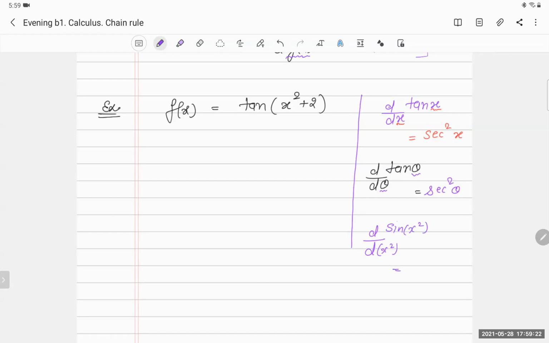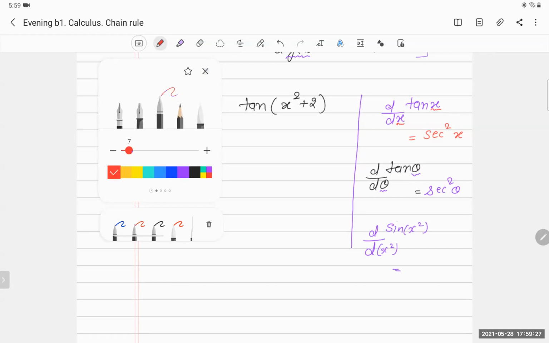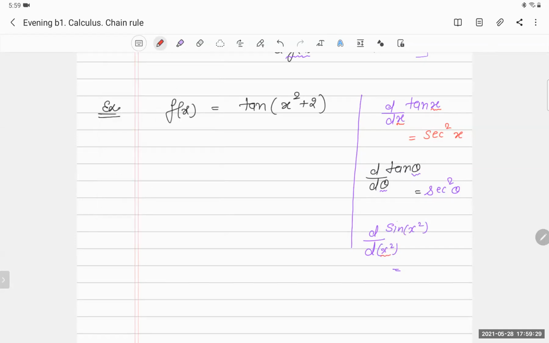Tell me, what will be the answer? What is this? x square. This is also x square. These two are identical, right? So my answer will become cos x square. That's it, because I am getting the identical thing.